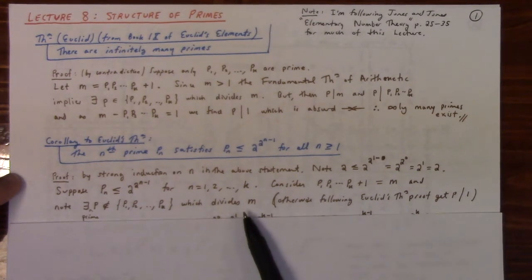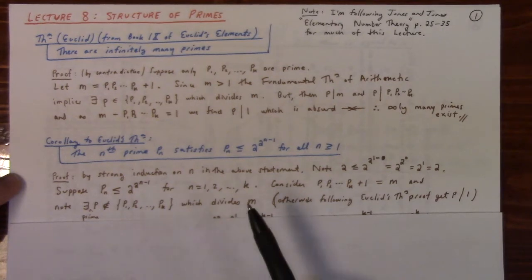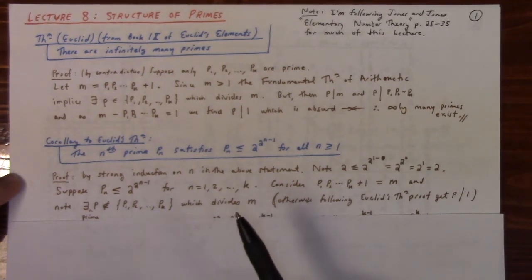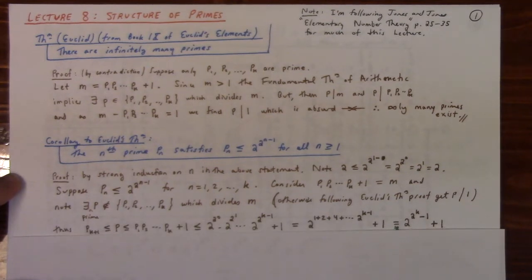This is more of a corollary to the proof of Euclid's theorem than to the theorem itself, but anyway. The prime can't be in this list because otherwise we get that the prime divides 1.